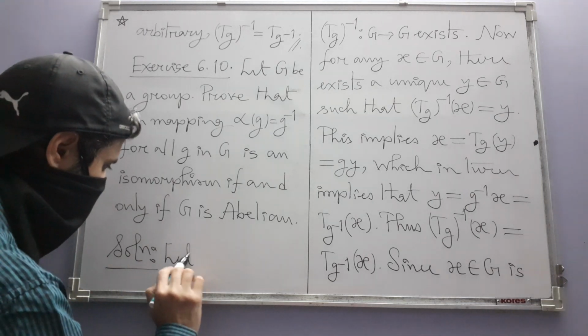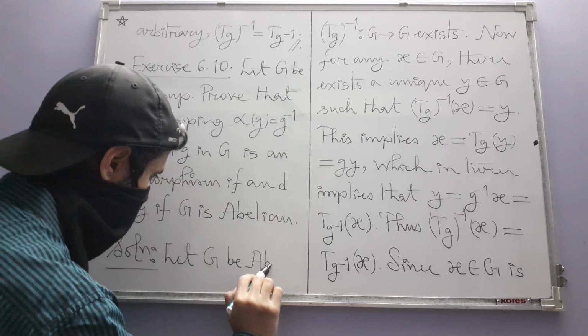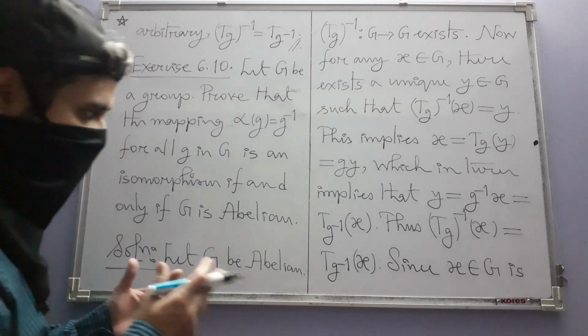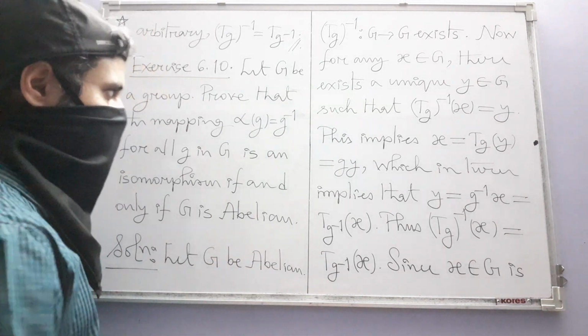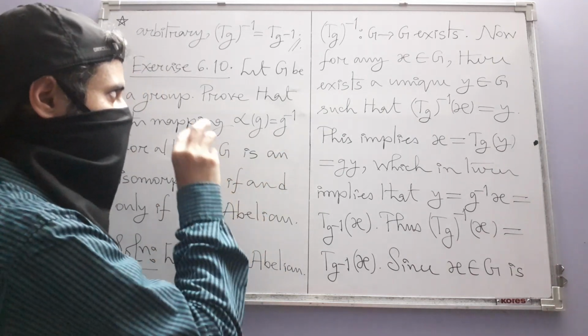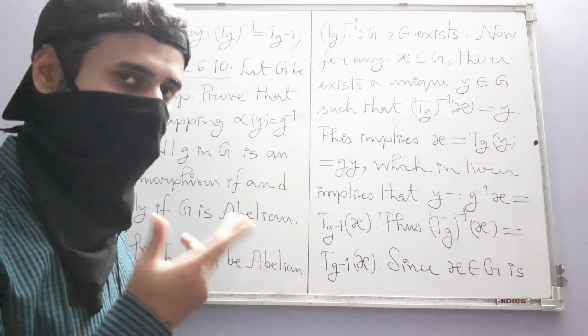Let G be abelian. But even before we do anything, you note one thing, that this mapping as a mapping from a group G to itself is actually well defined. Why?